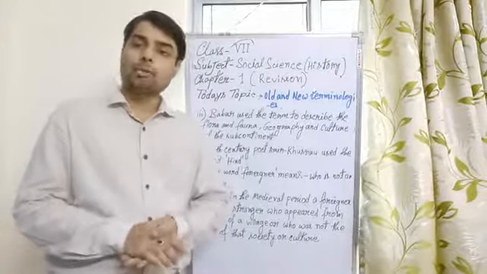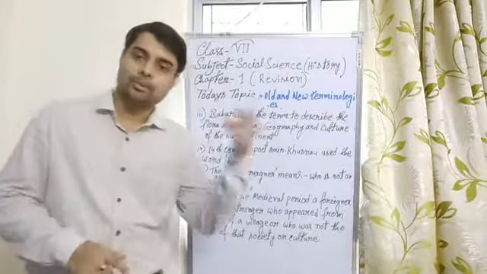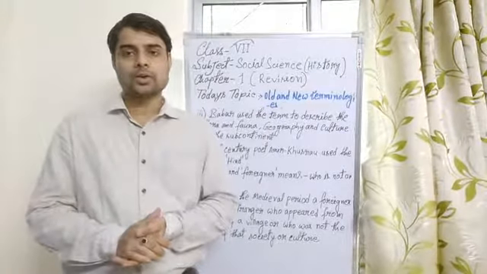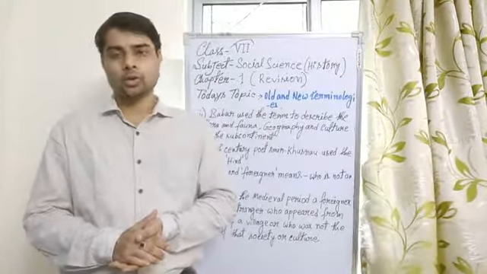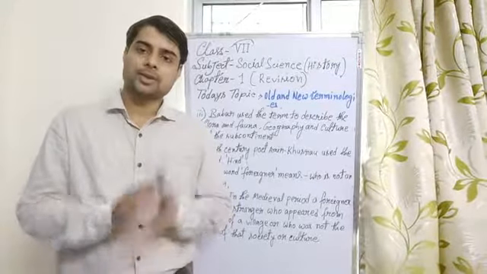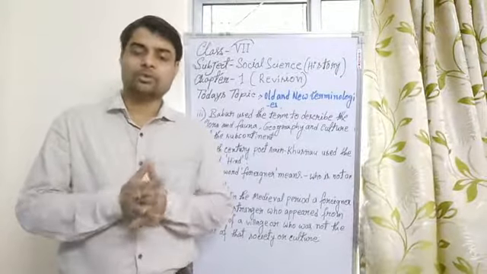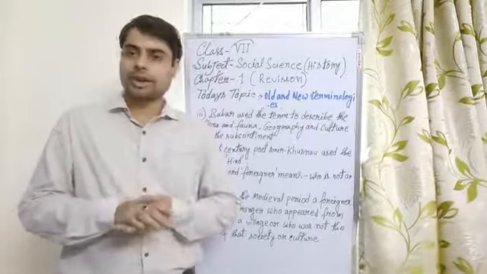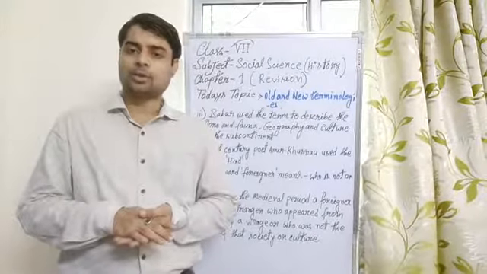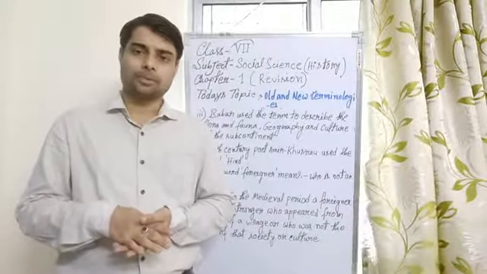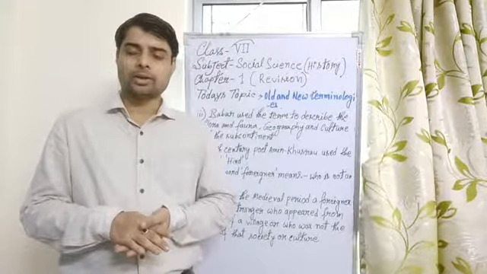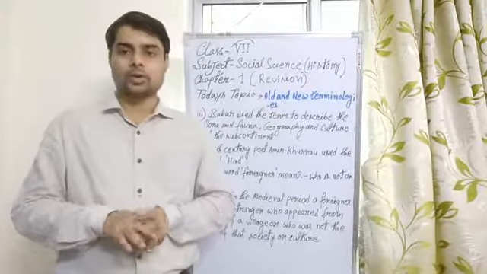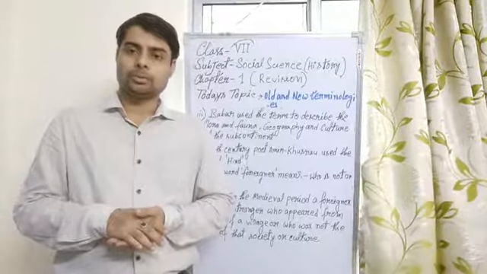Suppose someone came from outside to your village or town in the medieval period, 500 years ago. That person was known as a foreigner; that person was a foreigner to you. I have already given the example of that. Suppose someone came from Kolkata to Burdwan in the medieval period, that person is called a foreigner to the people of Burdwan.